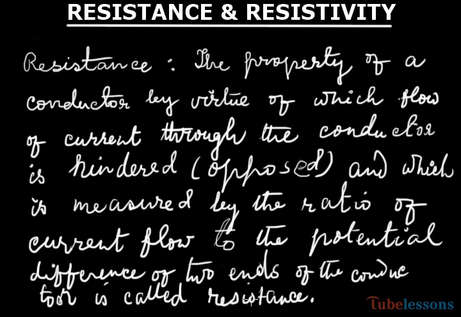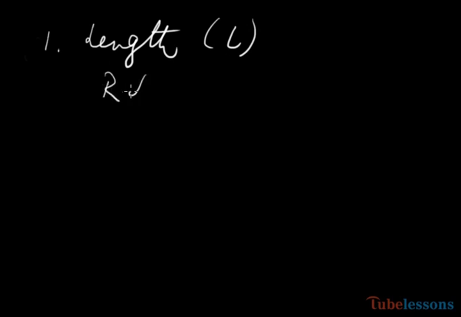Now, resistance depends on some factors. Resistance depends on mainly number one, length of the conductor, length expressed by L. Resistance is directly proportional to the length when area of cross section remains unchanged.